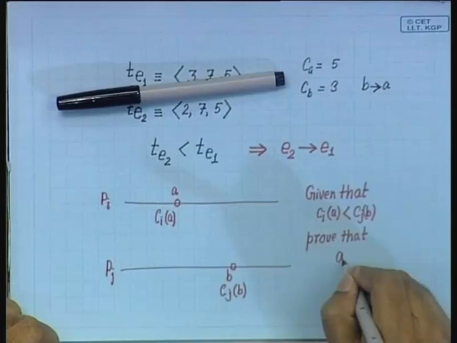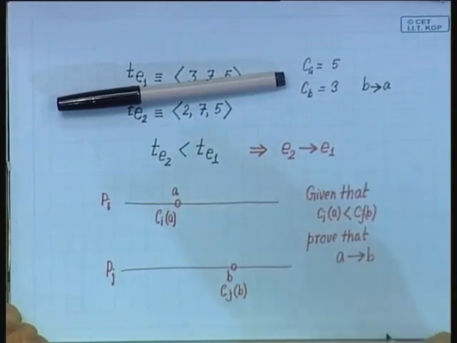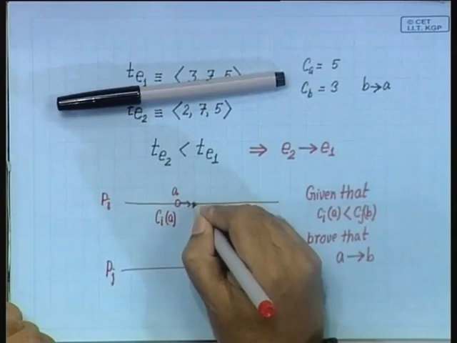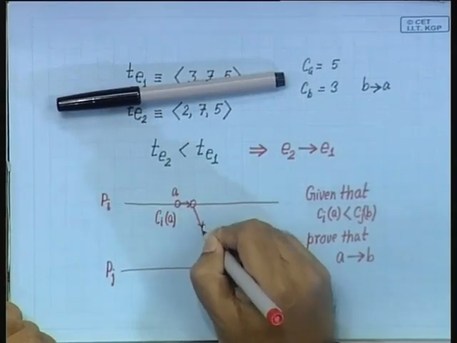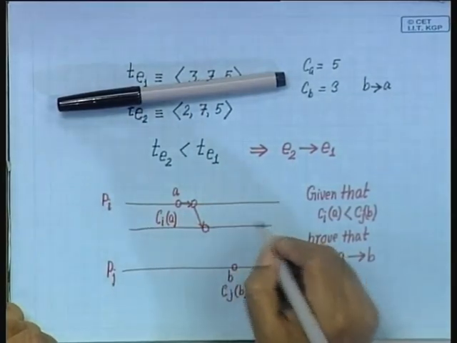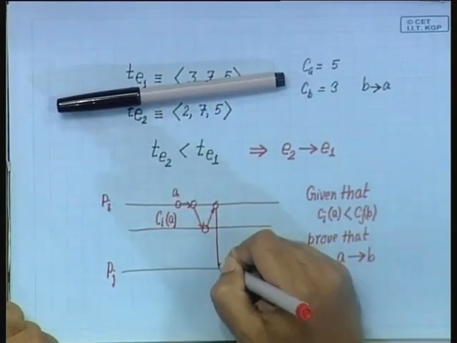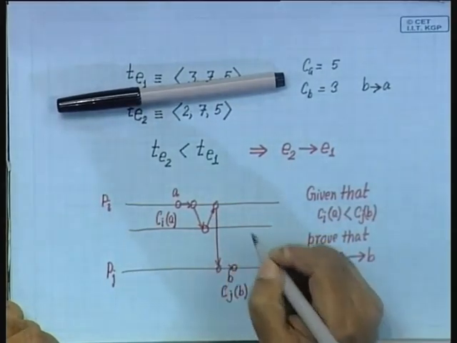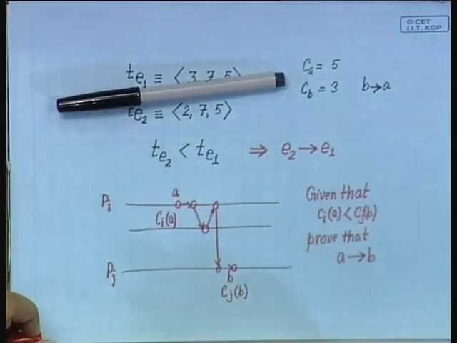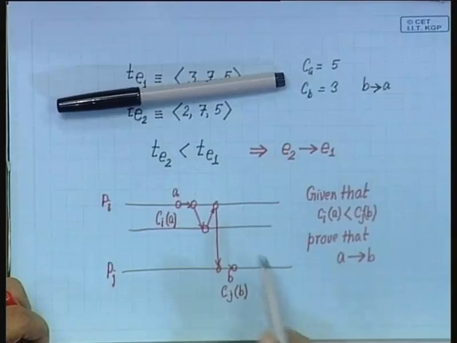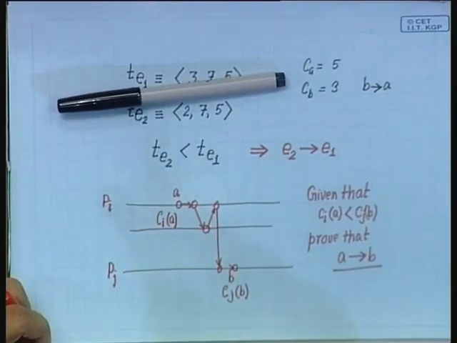A happened before B. In other words, there has to be some kind of causal sequence from A to B, by virtue of which we can say that A happened before B. Is the question clear?